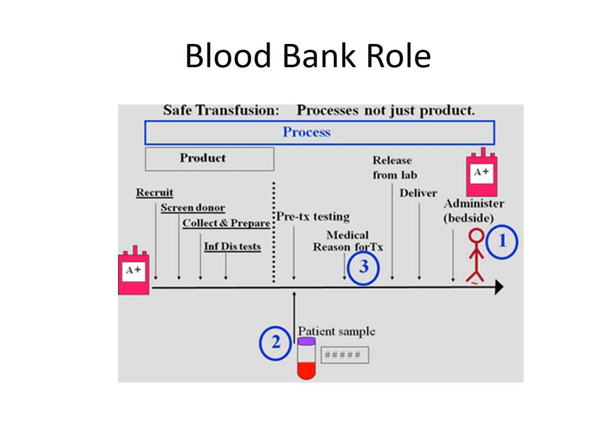Those include recruiting donors, screening the donors, collecting and preparing the unit, including infectious disease testing. That's before we even know who's going to get this, okay? Then when we have a patient who needs blood, making sure that the correct patient sample is drawn. Wrong blood in tube is the number one problem, okay?